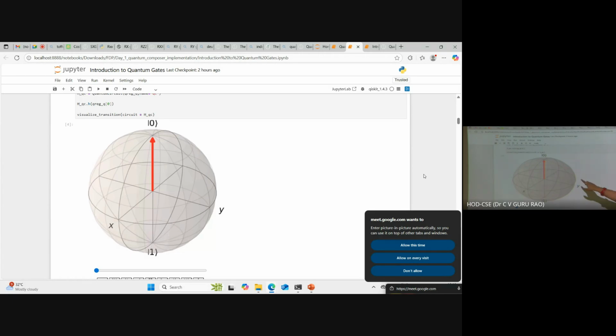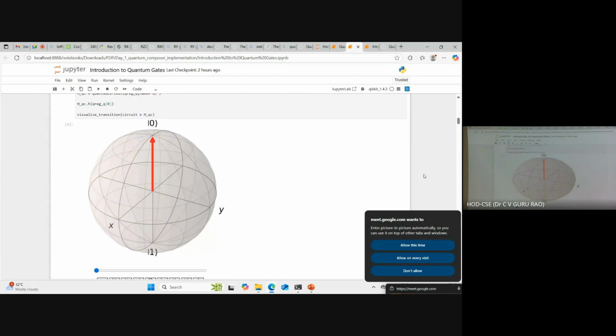So I show you this particular 0 on the upper side of the Bloch sphere and 1 on the downside, the north and south pole, and this vector is pointing towards 0. That means initially every qubit is in state 0. Now once we apply Hadamard, what is happening? 0 plus 1 superposition state.